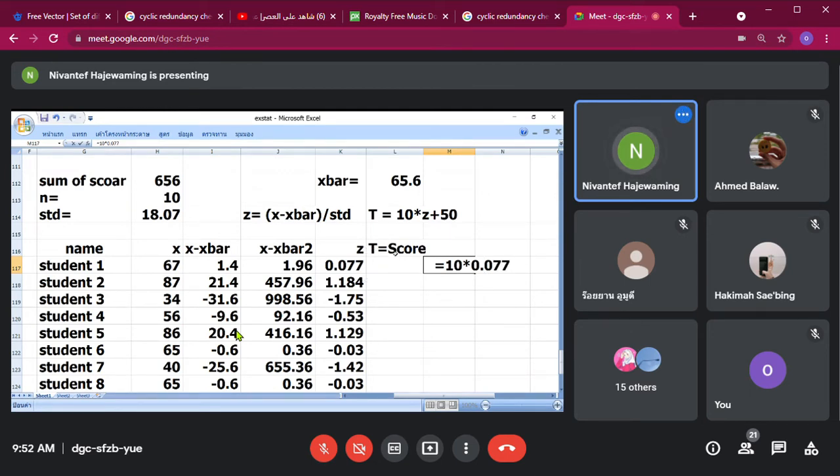T equals 10 multiply z, 10 multiply z plus 50, like that.